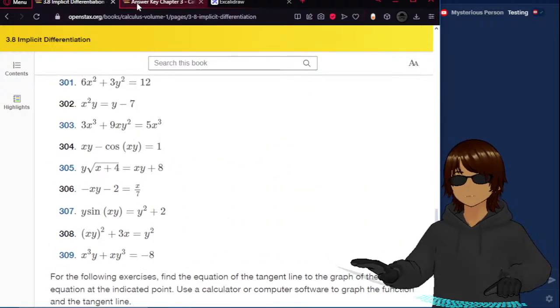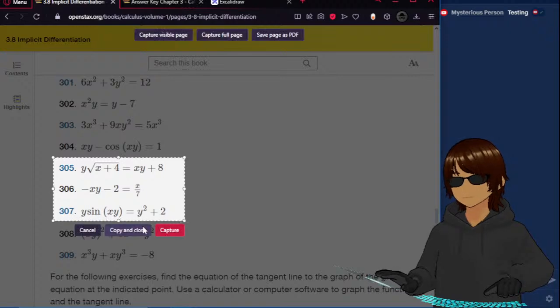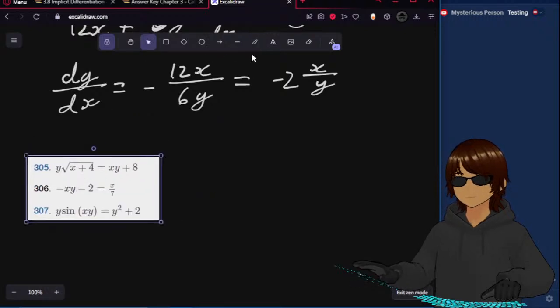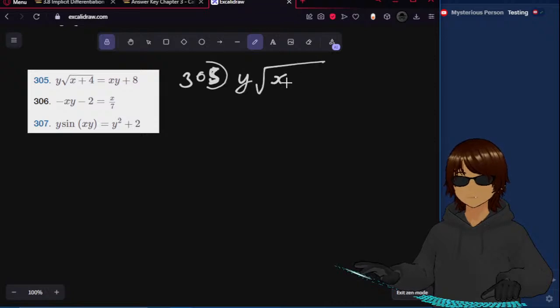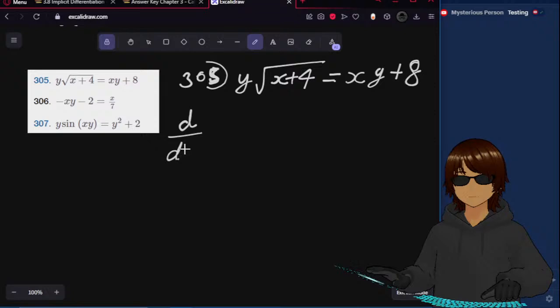Okay, let's do 3 or 5. Question 3 or 5. And then differentiate both sides.